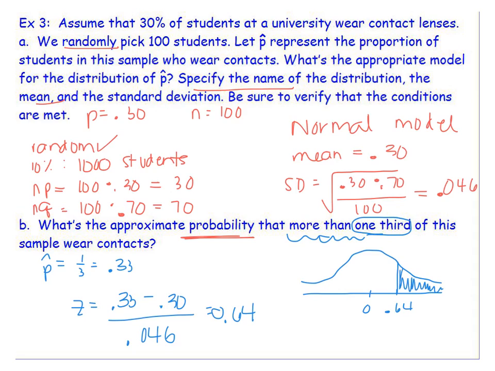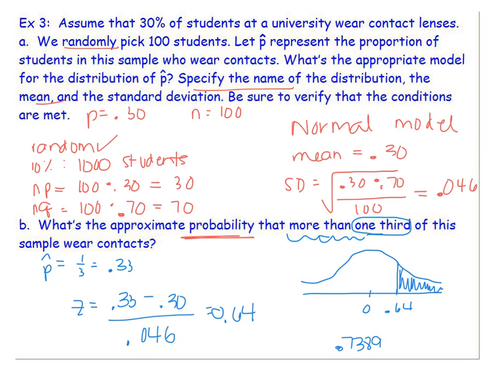When you look it up on your blue sheet, we need to subtract. If you go down to 0.6 and over to 4, I get 0.7389.